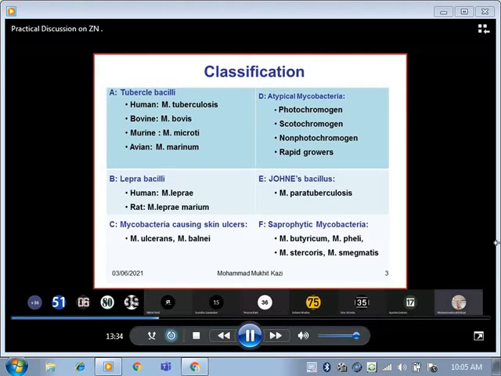We see to it that we don't boil the stain. What will happen if we boil it? The stain will get corrupted and your smear will get charred, and it is very difficult to find the organisms, because the charred material will also show a pink color like the bacilli. So it will be very difficult to find the Mycobacterium tuberculosis bacilli in that smear.